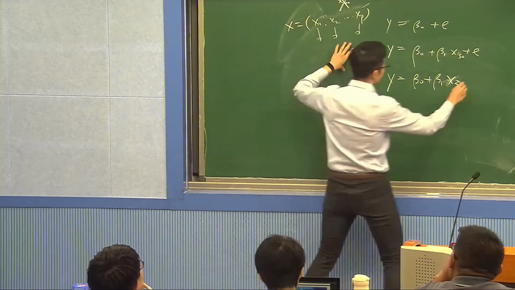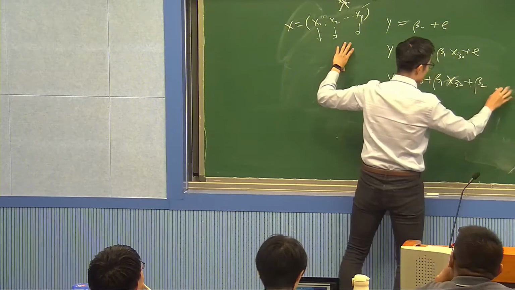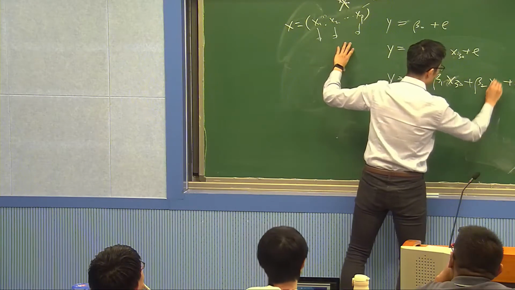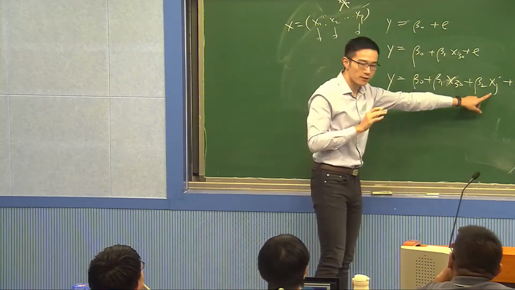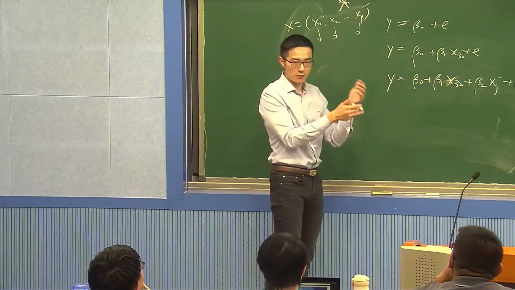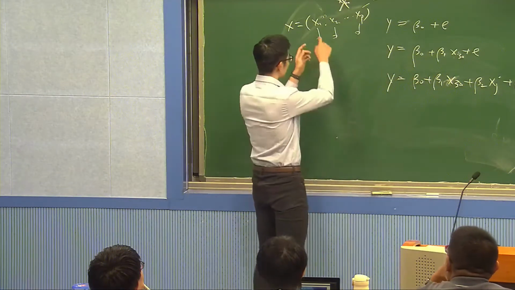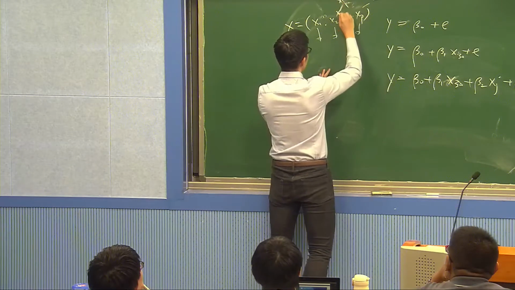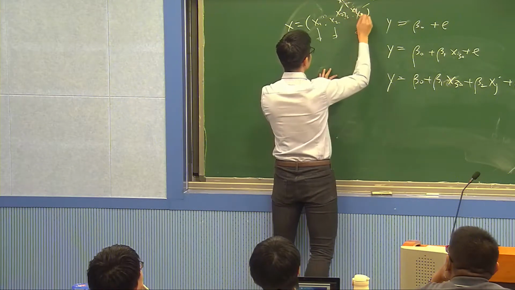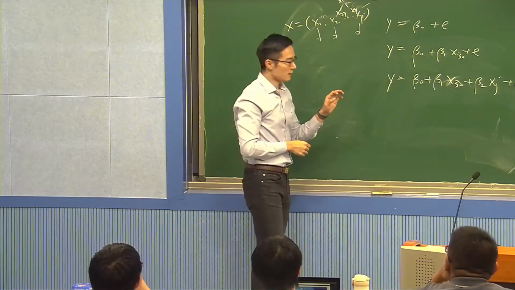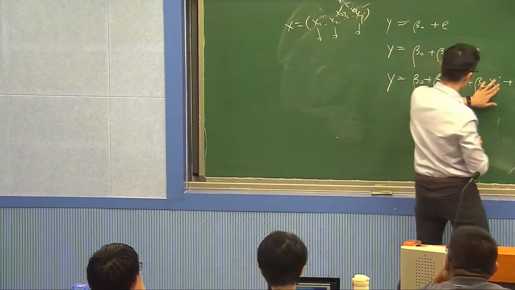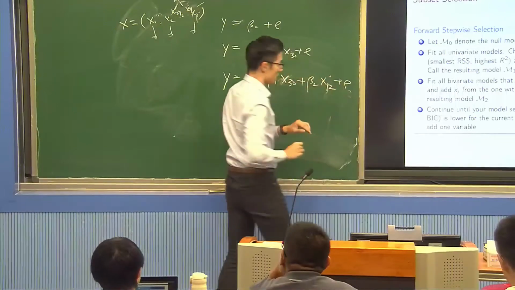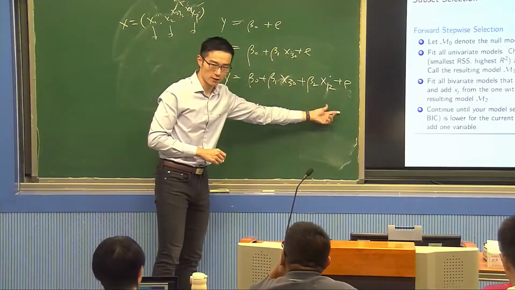I'm going to find the next variable, again called xj, that gives me the best fit. So I try x1, x2 again, but this time no x30, so we have x29 and x31. Suppose this time x12 gives me the best fit. So I put x12 into it.